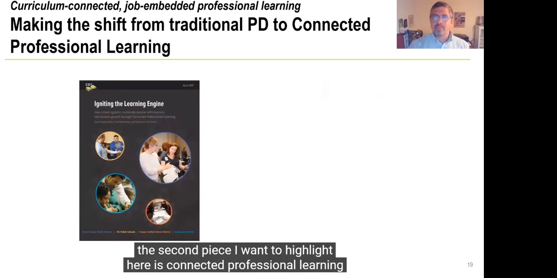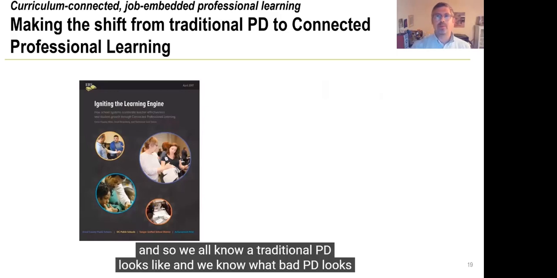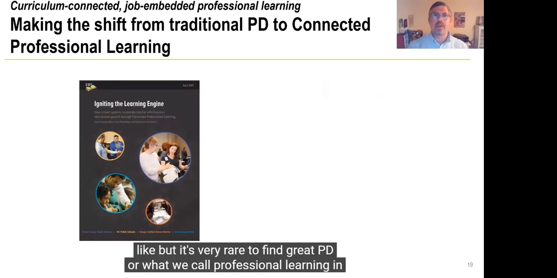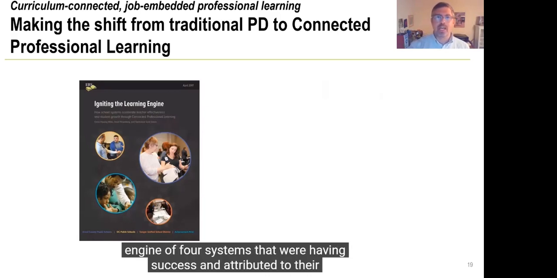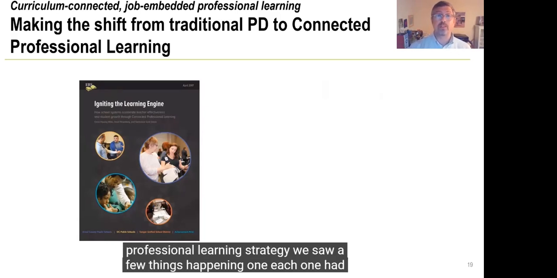The second piece I want to highlight here is connected professional learning. We all know what traditional PD looks like, and we know what bad PD looks like, but it's very rare to find great PD, or what we call professional learning, in a connected context. And from our study published in Igniting the Learning Engine of 4 systems that were having success and attributed it to their professional learning strategy, we saw a few things happening.